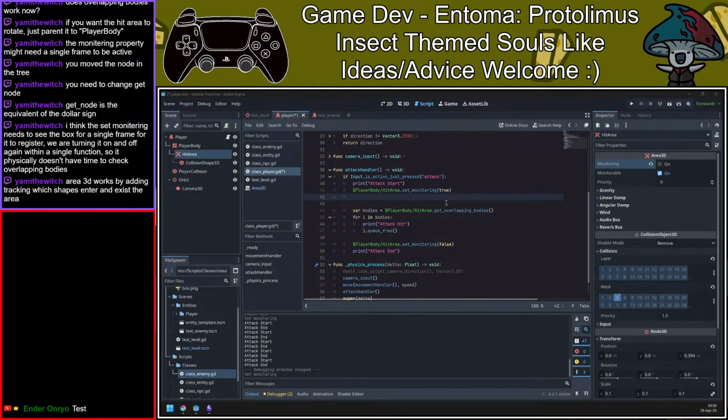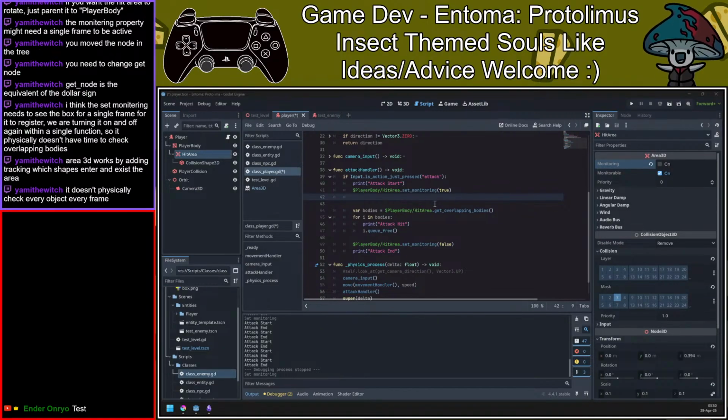Adding tracking which shapes enter and exit. It doesn't check every object every frame. But it should be checking everything inside. It should be checking if something is inside of it every frame.